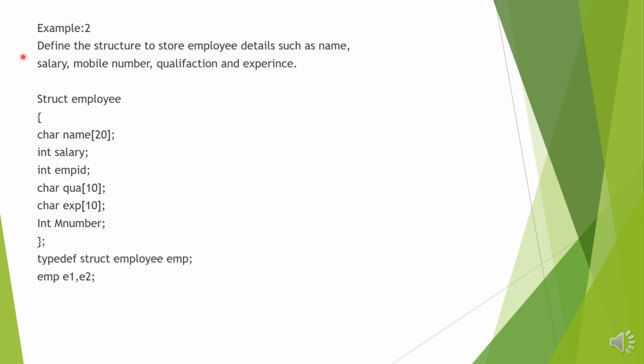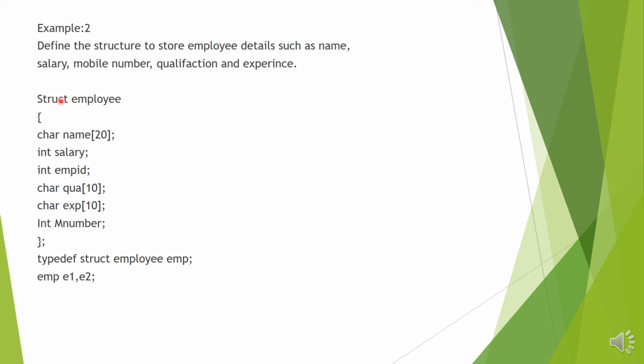Here we have one more example which says define the structure to store employee details such as the name of the employee, salary of the employee, mobile number of the employee, qualification and experience of the employee. For this, first we have to define the structure.